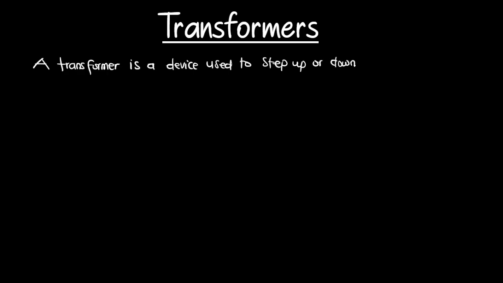So what is a transformer? A transformer is a device used to step up or down an alternating current. So let's write that. We are saying a transformer is a device used to step up or down an alternating EMF.